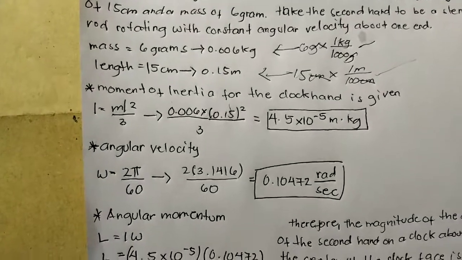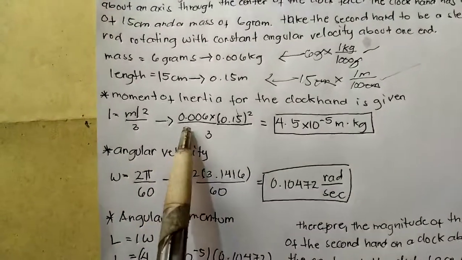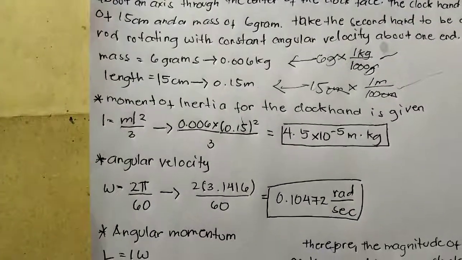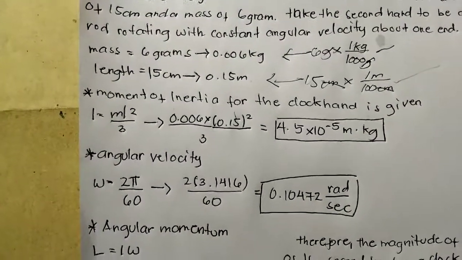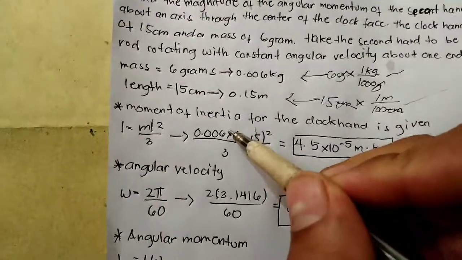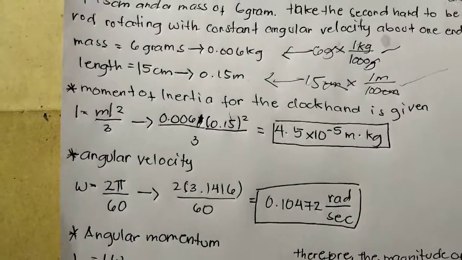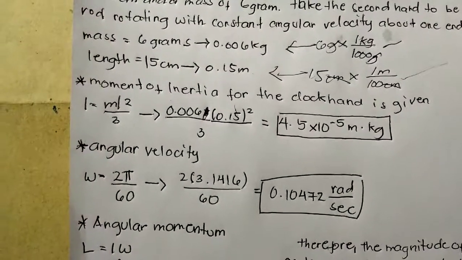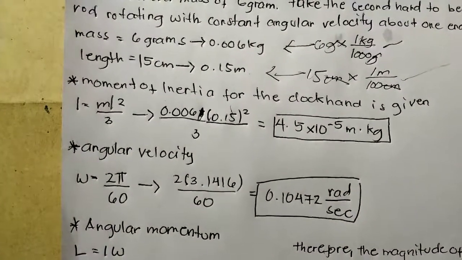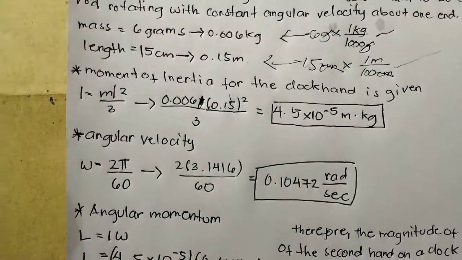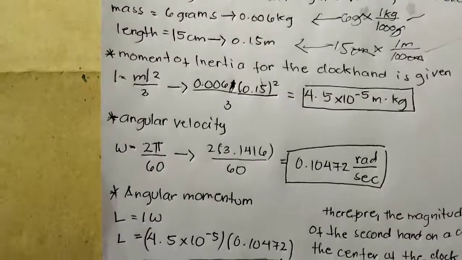So we substitute the values: 0.006 times 0.15 squared divided by 3 is equal to 4.5 times 10 raised to negative 5 meter squared kilogram.